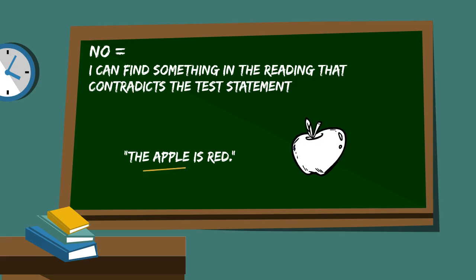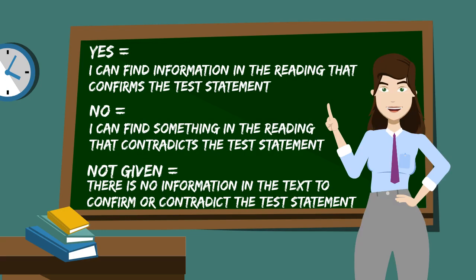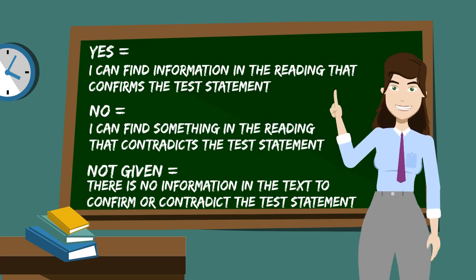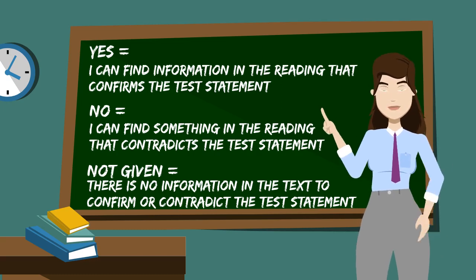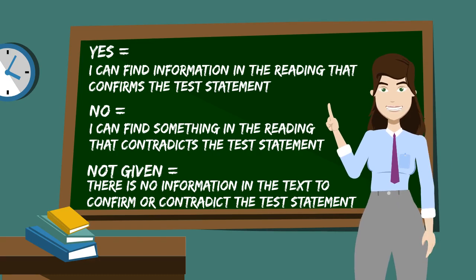No, I can find something in the reading that contradicts the test statement. Not given. There is no information in the text to confirm or contradict the test statement. When you understand how yes, no, not given differ, you will be able to answer these questions more confidently.